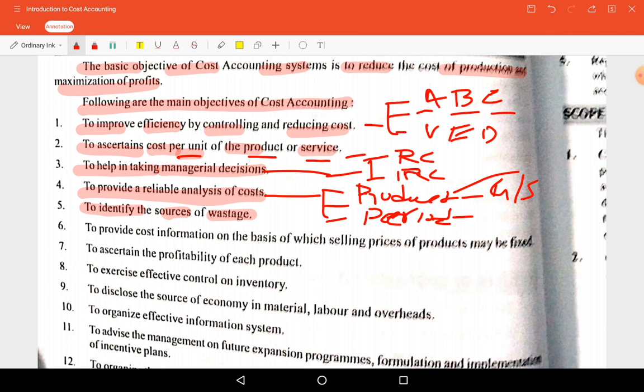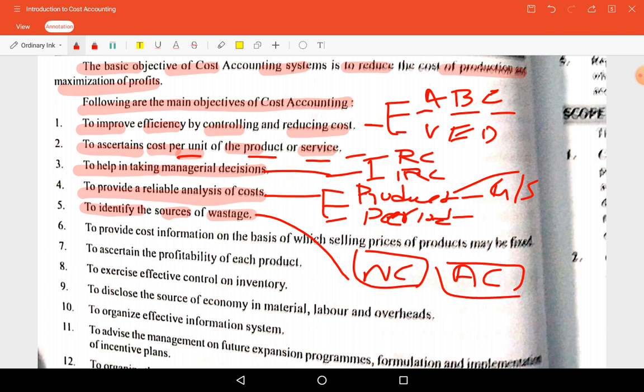Next, to identify sources of wastage. See, there will be normal cost and abnormal cost. Normal cost is normally incurred to produce the good or services. Abnormal costs are those costs which are over and above the normal cost, and the costs which arise because of abnormal situations.